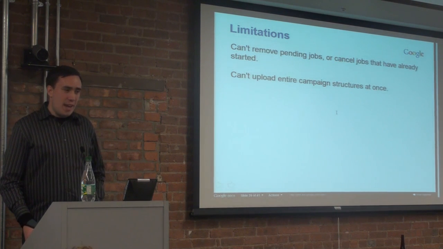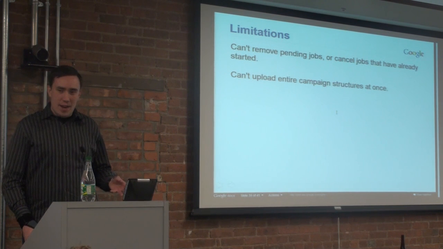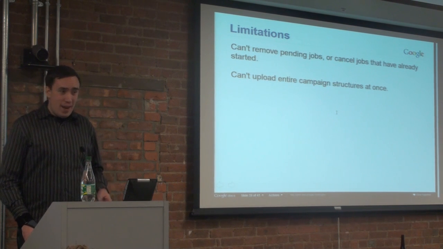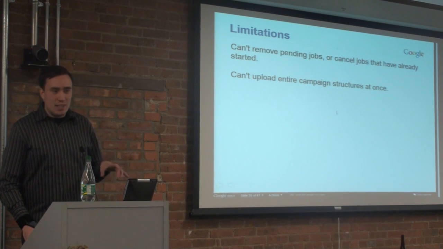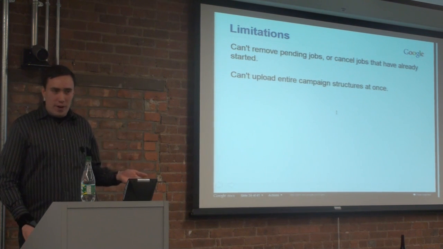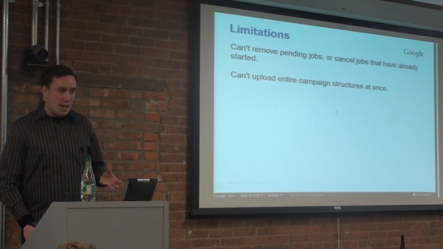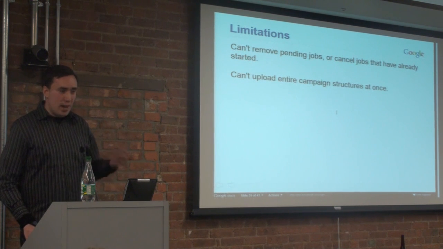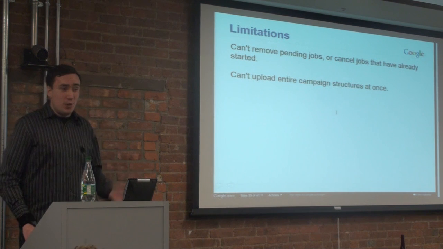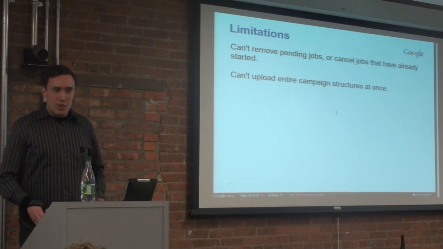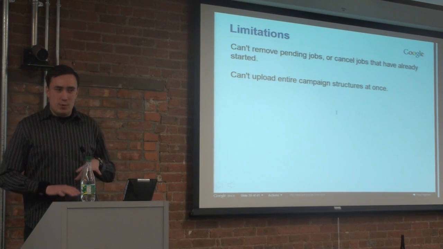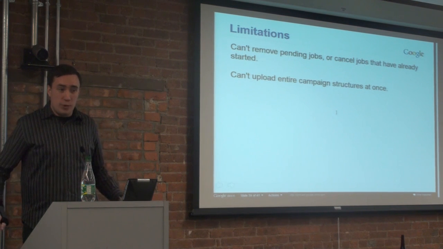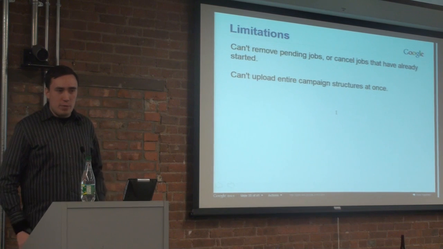The reason is that you can't have one operation that adds a campaign, another that adds an ad group to that campaign, and another that adds an ad to that ad group, because each of those sub-entities relies on the ID of the parent entity. You can't create an ad group until you know the campaign ID that you want to add it to, and you don't know that campaign ID until the campaign has been created. So it's a chicken and egg situation right now where you can't just create all of the objects for a whole new campaign and put them in one BulkMutate job.